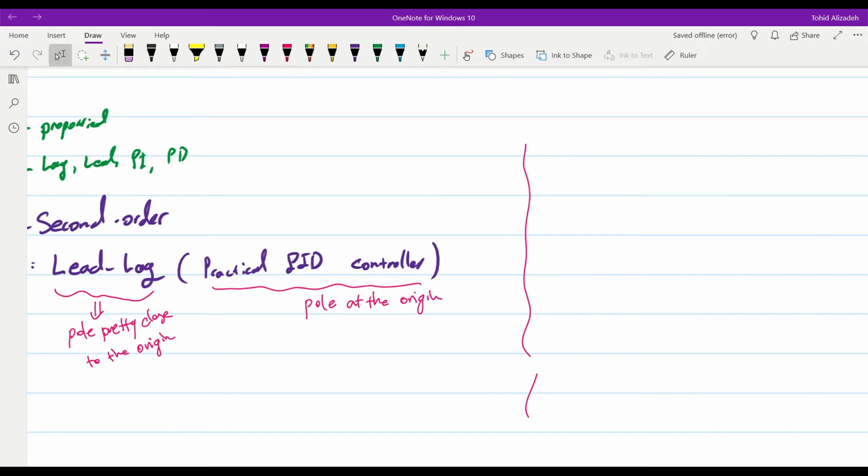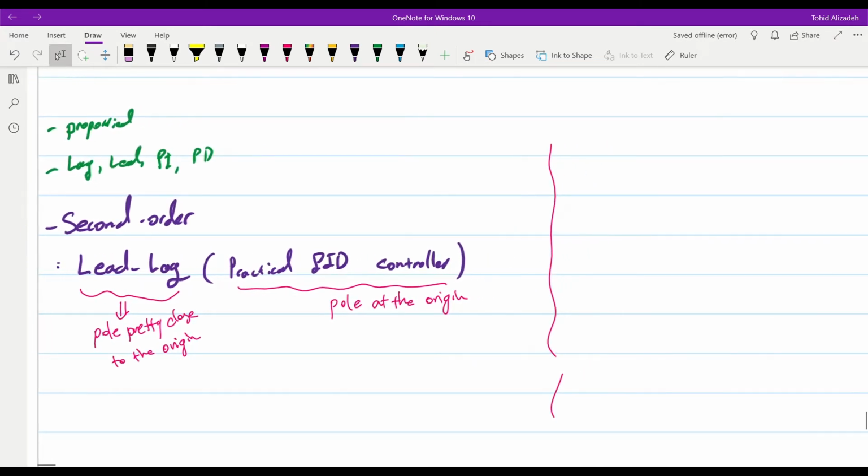So let me give you an idea of how the lead lag compensator will look in terms of the frequency response. In terms of the expression for the controller, we will have GC of S in the form of beta times (1 plus TL times S) over (1 plus beta times TL times S).